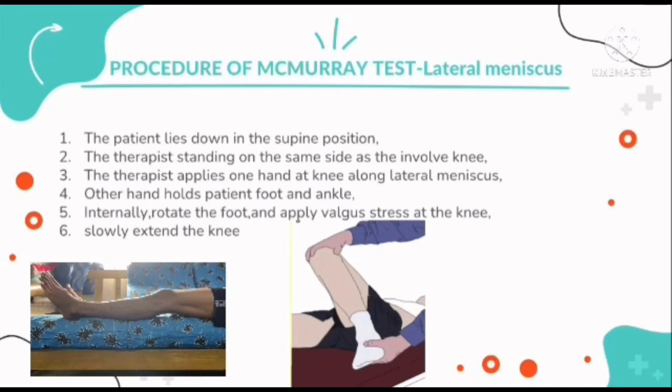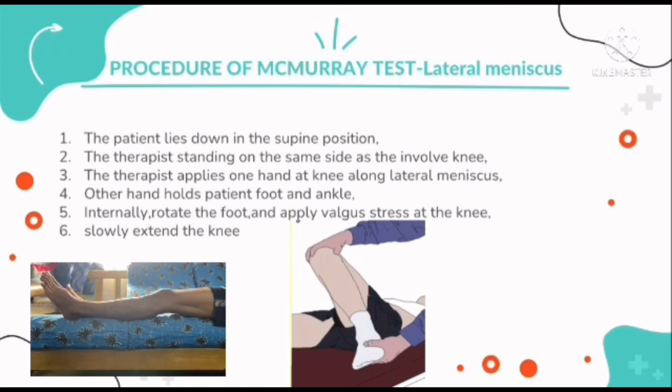Next is the procedure of the McMurray test for the lateral meniscus. First, let your patient lie down in the supine position. The therapist stands on the same side as the involved knee. Apply one hand on the patient's knee and the other hand on the patient's foot and ankle.